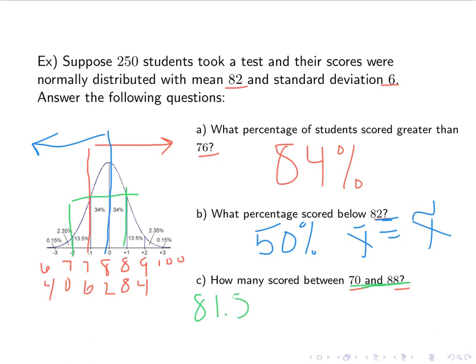But the question is how many, not what percentage. So I'm going to take that percentage and go back to, I have 250 students. So what is 81.5% of 250?